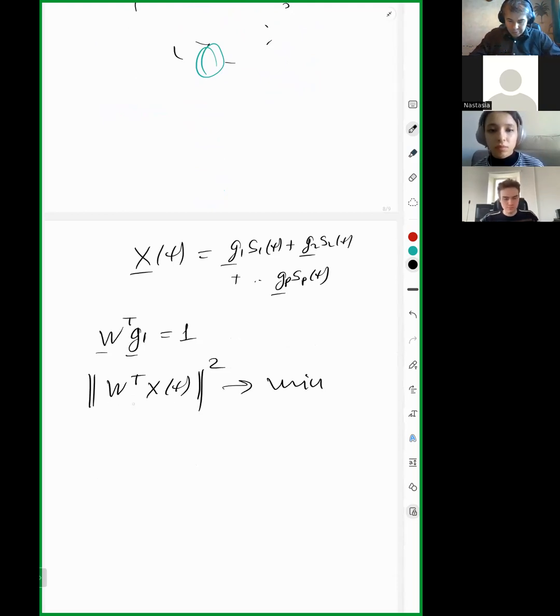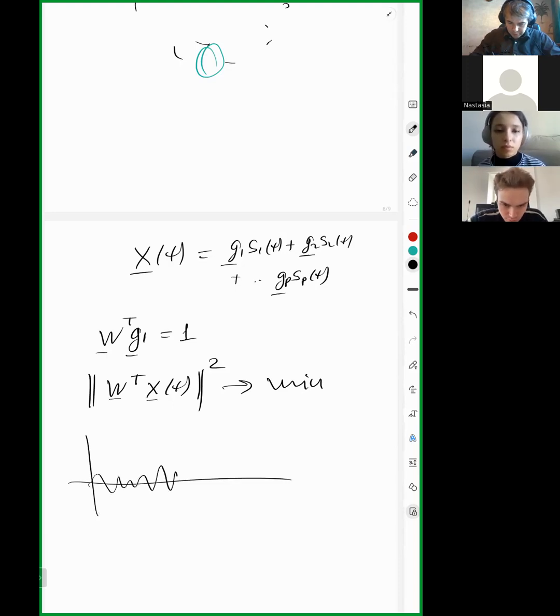So this is W transpose X of T, which is simply some time series. You want to minimize the power, so the sum of squares of all these elements.